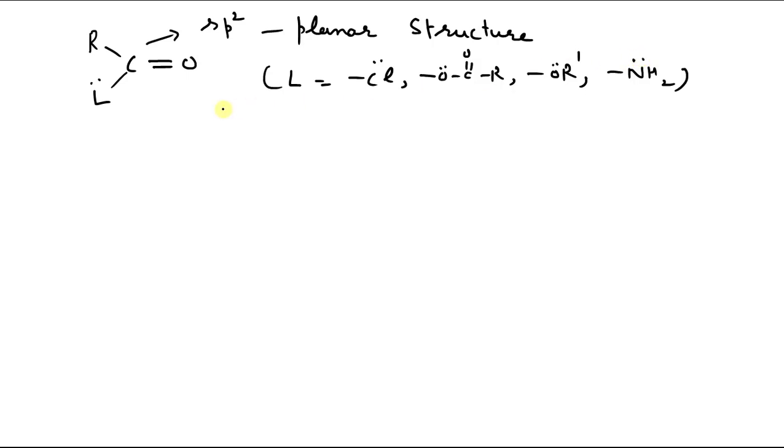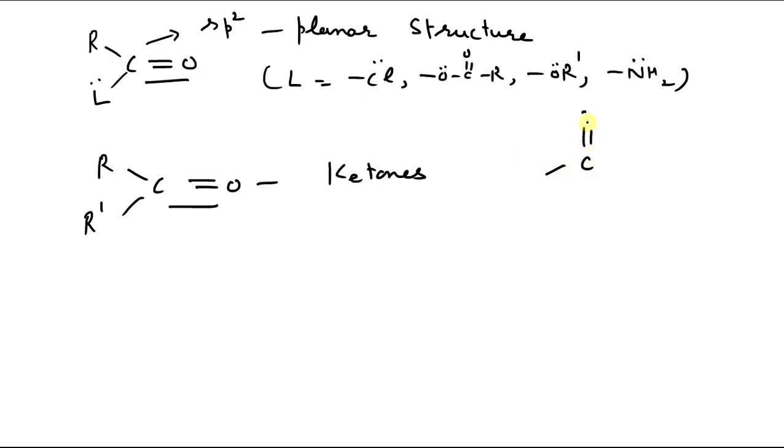Now if we compare its structure with the aldehydes or ketones, let us say ketones, they are represented by this structure. You can see both of these compounds have a carbonyl group, and we know that this carbonyl group is a polar group because oxygen is more electronegative, so it is partial negative and carbon is partial positive.